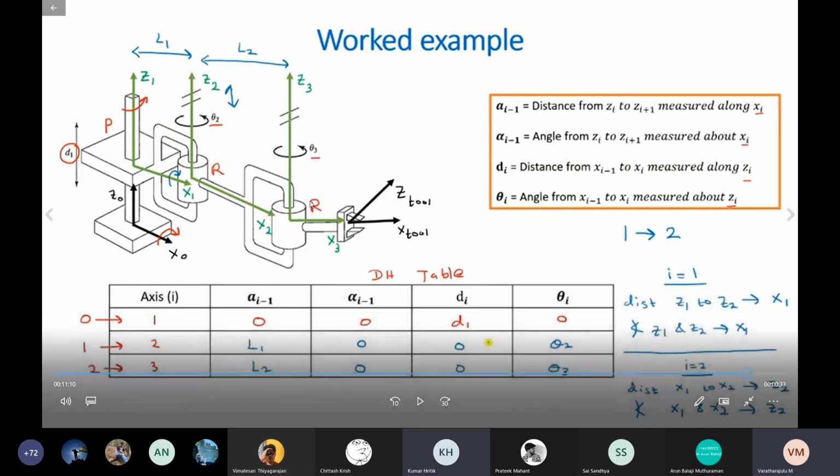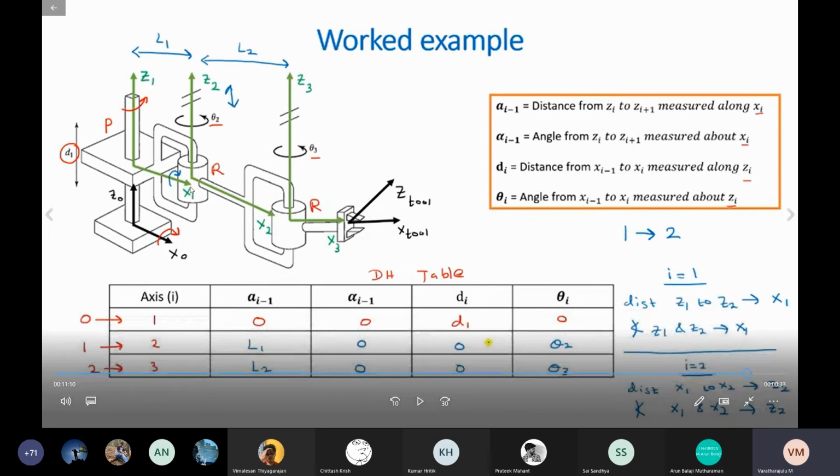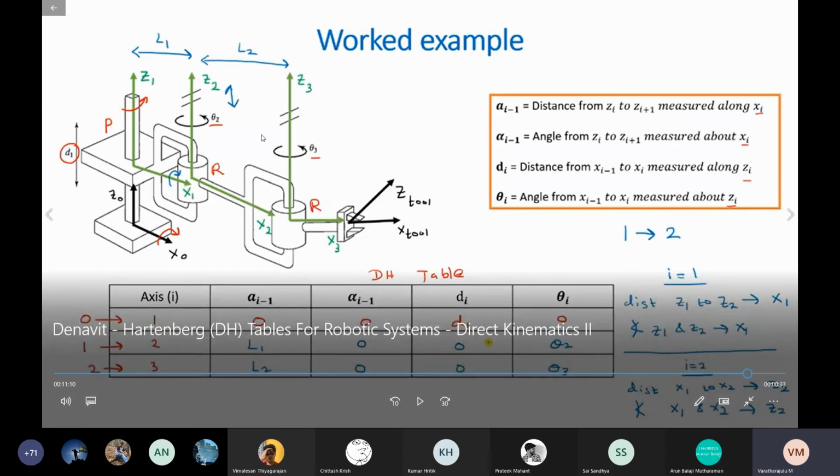Okay. Sir, but it is the angle from x_{i-1} to x_i about z_i. So I'm not understanding how this is. No, see here. Please take this Z2 a little far away from the actual axis towards the right, and this might be towards the left.